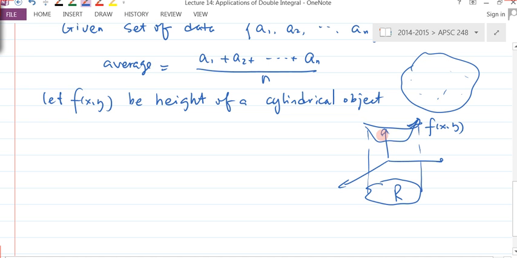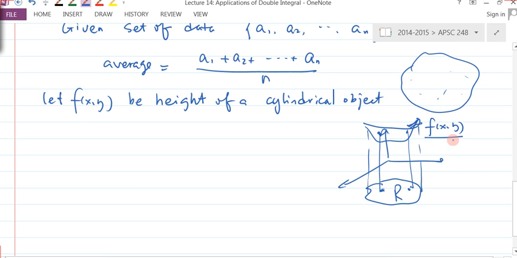You give any point from region R, you get a certain point on the surface. It's not exactly a cylindrical object, but it's basically vertical, with a top and a bottom. If you're looking at this point, there's a height here, and that height is described by the function f of x, y.